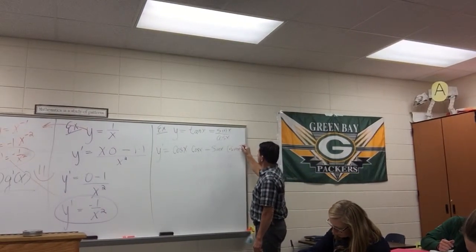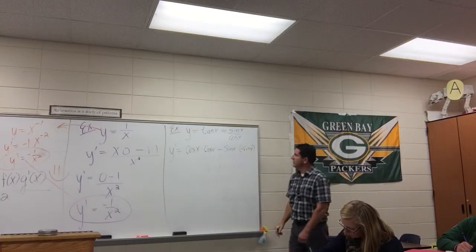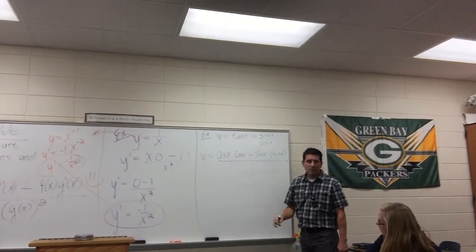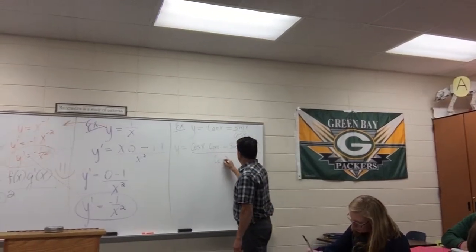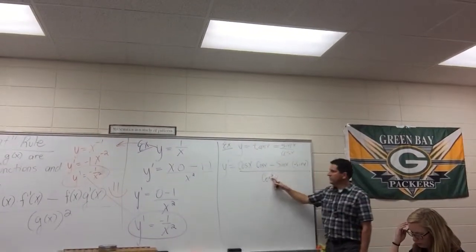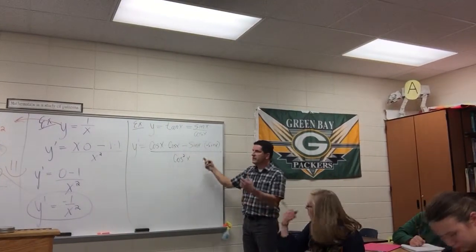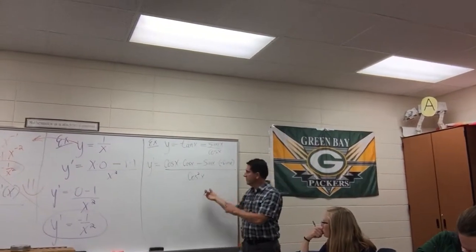Derivative of the cosine is negative sine. All divided by the cosine squared. And you know we write the 2 here, not after the x, because otherwise it looks like we're taking the cosine of x squared.